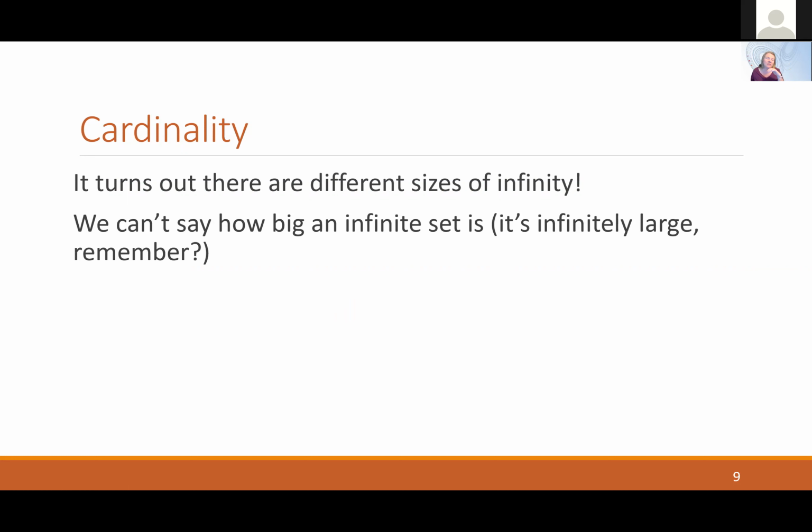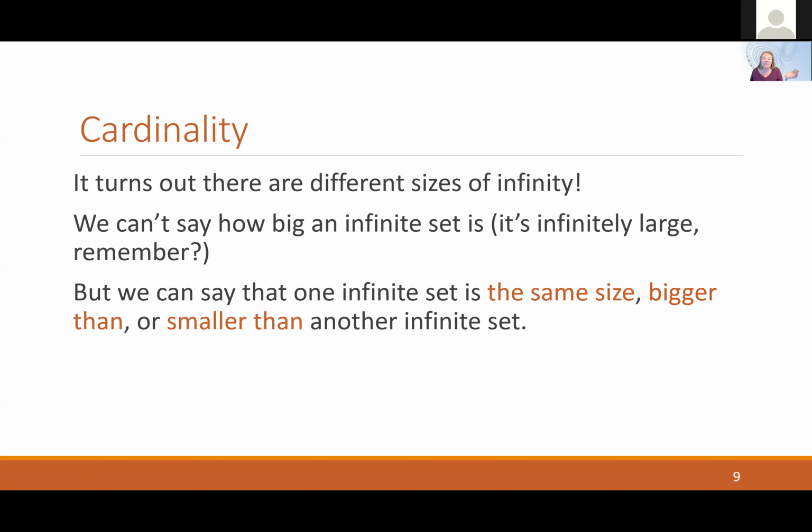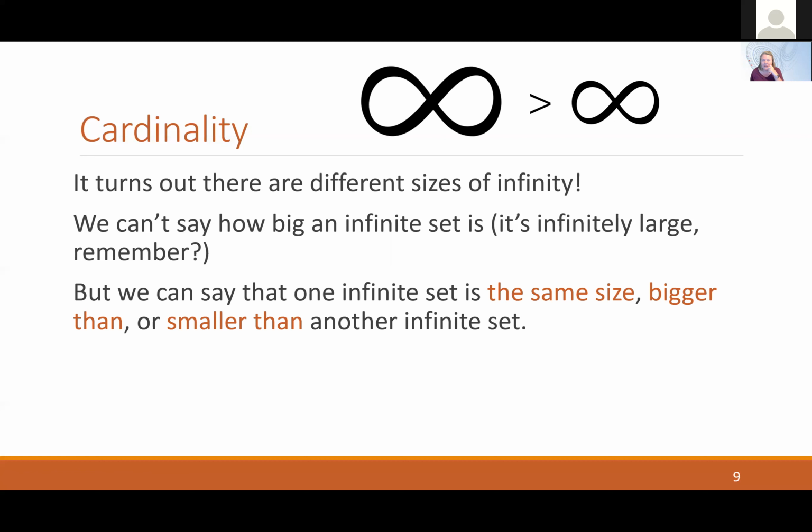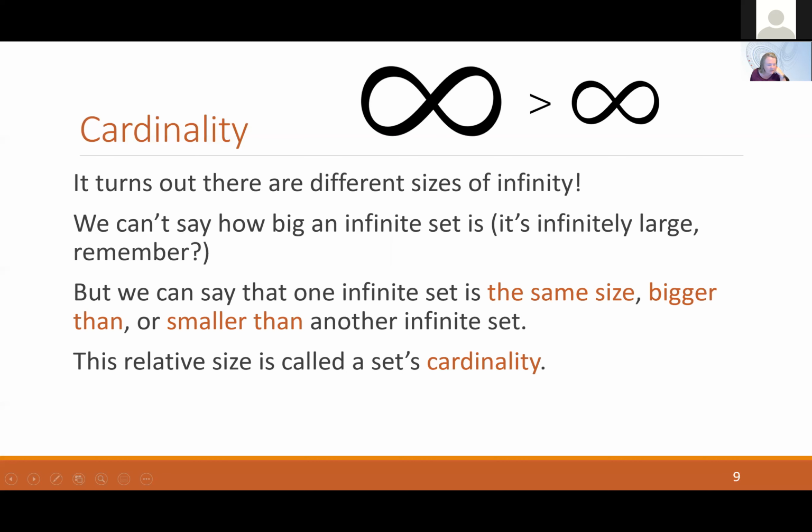Although there are, as was mentioned, orders of infinity, there are larger levels of infinity, but we can't say specifically how large any one of those levels are because it's infinitely large. But we can say that one is larger, the same size, or smaller. That's possible with an infinite set. So there is one level of infinity that is larger than another level of infinity. And this relative size of the infinities is called the cardinality of the set.